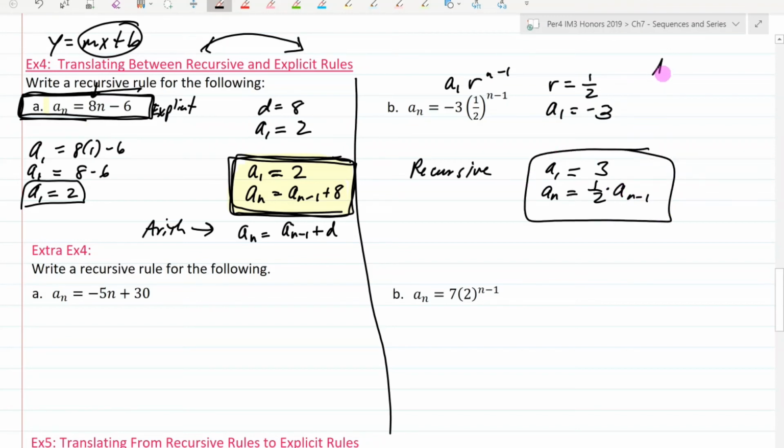Okay, so arithmetic would be this one, and geometric is r times the previous term.